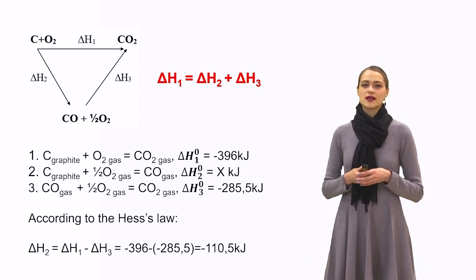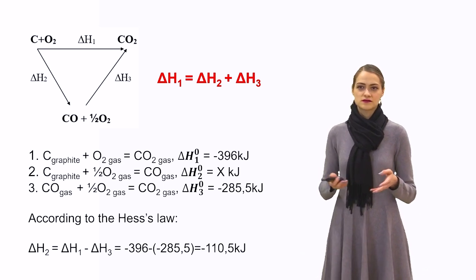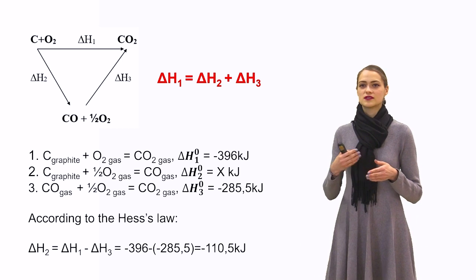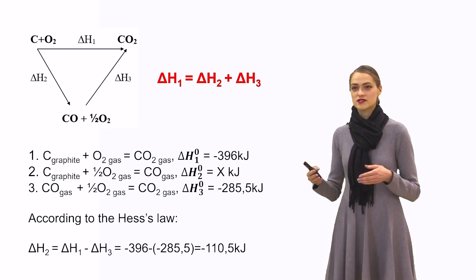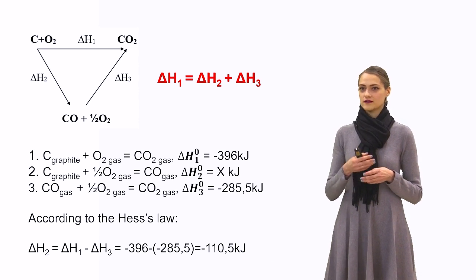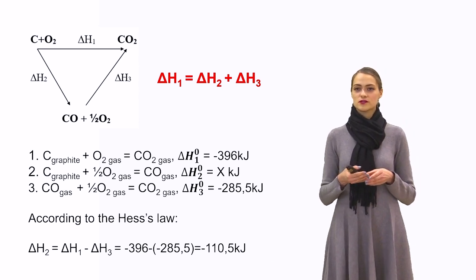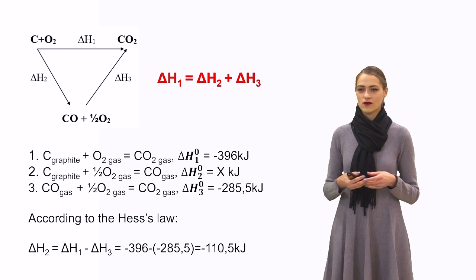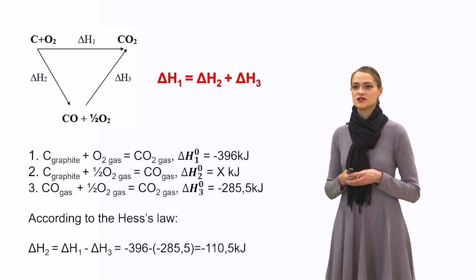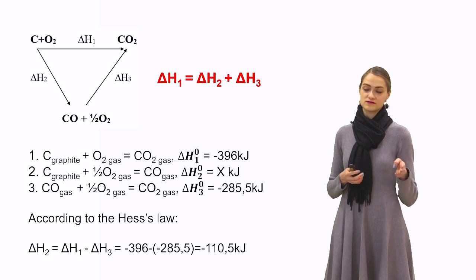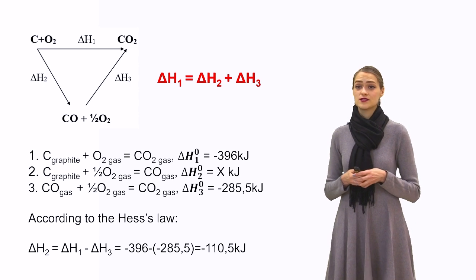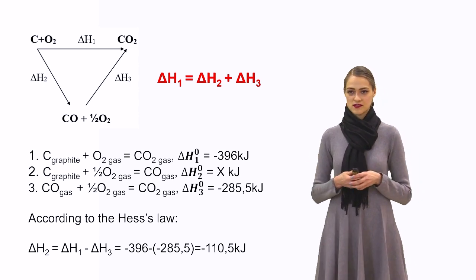All these steps have their own thermal effect. So if we burn carbon to carbon dioxide, we have heat effect delta H1, or if we have an intermediate step, when firstly we produce carbon monoxide CO and then burn it to carbon dioxide, we have delta H2 and delta H3 respectively.